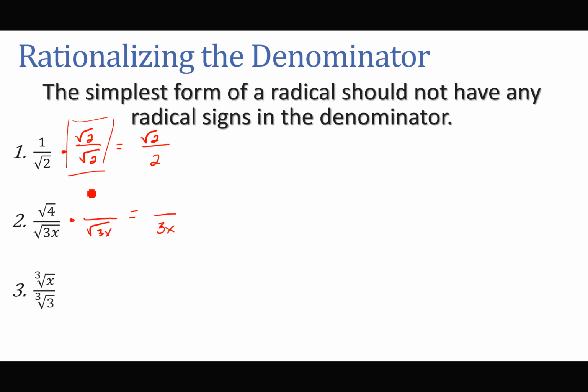But on top, I also have to multiply by that square root of 3x. So this gets into yesterday with multiplying, has the same index of 2, so I can multiply what's under the radical, and so that becomes square root of 12x.